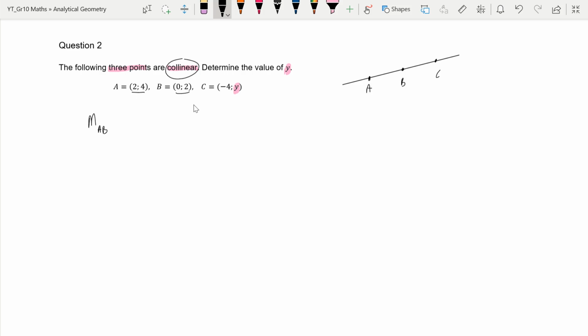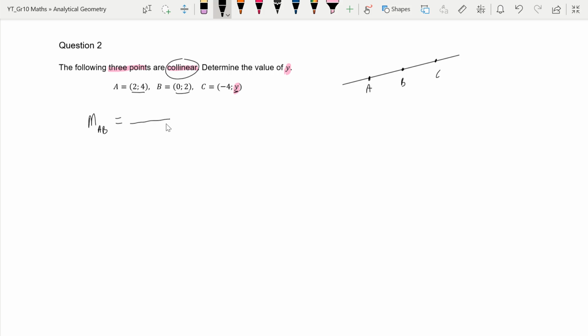I don't think it's a good idea to start with C, because then we won't be able to actually calculate the gradient. What I mean is, if you were to get the gradient between, say, B and C, you won't be able to actually get the gradient because there's a missing value over there. And we want to get what the gradient is equal to for this straight line.